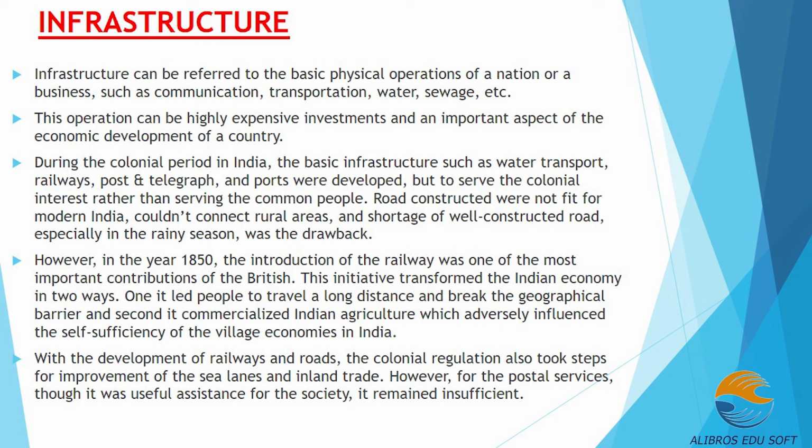If it gets commercialized, only then can the benefits be reaped by the farmers. So with the help of the railways, commercialization of Indian agriculture became so simple that they could bring these products to other areas for sale. So it mainly influenced the self-sufficiency of village economies in India.